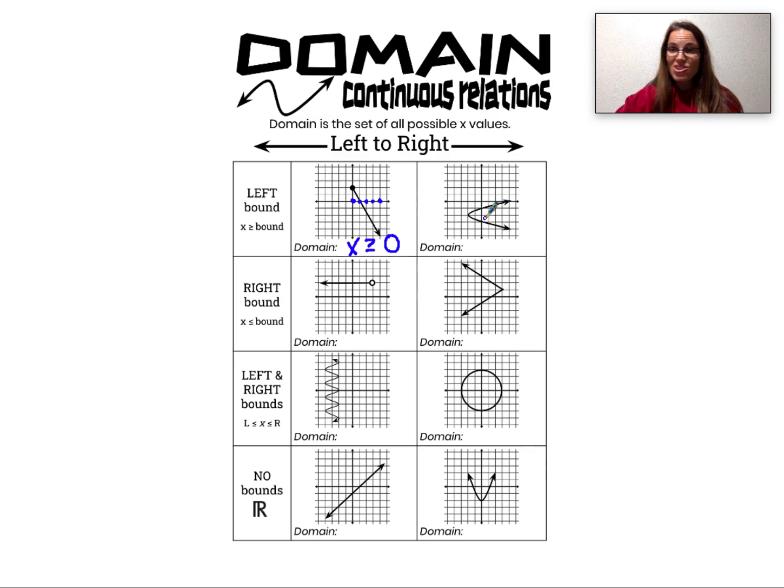This next graph looks really different, but our domain statement is going to be similar. When we're figuring out the domain, basically what we're doing is taking this two-dimensional graph and squishing it onto a one-dimensional number line, thinking what part of our number line, our x-axis, is taken up. There's no point on this graph with an x value of -5, or -4, or -3.